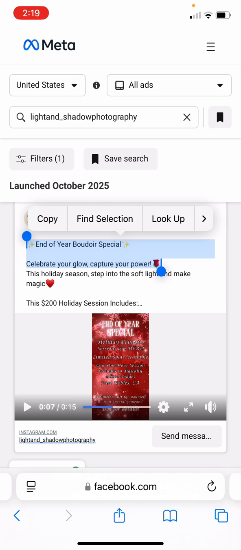All right. Then the second thing we want in the See More headline is a negative. So what negative situation are people moving away from that our end of year boudoir special can be a bridge for, a solution for them?